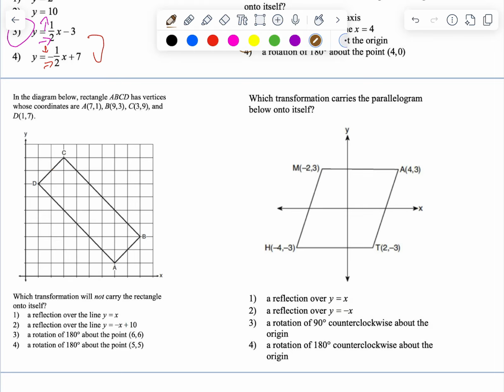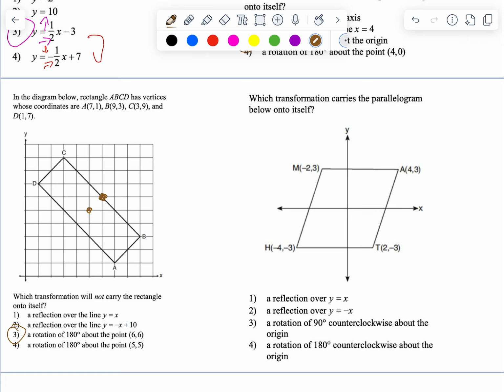And a rotation around the point (6, 6). And that's not in the center at all. The other point (5, 5), which was this one, is directly in the center. So that would be answer choice 3.